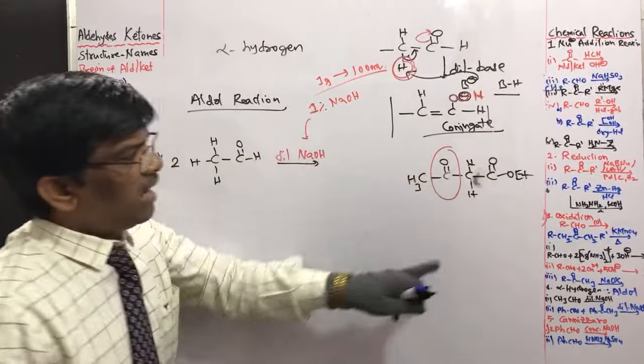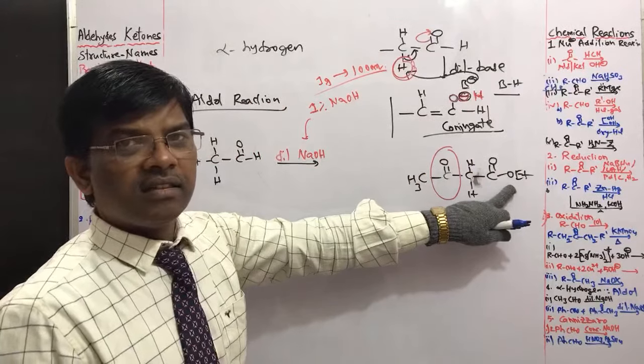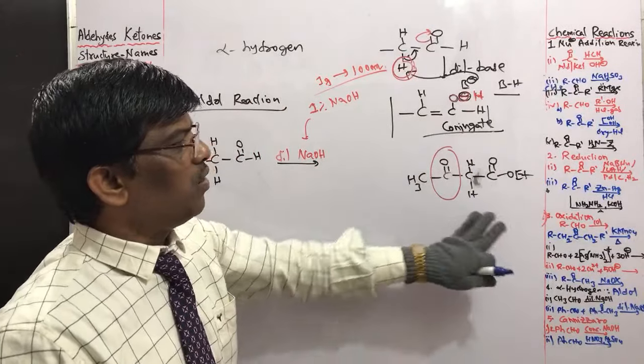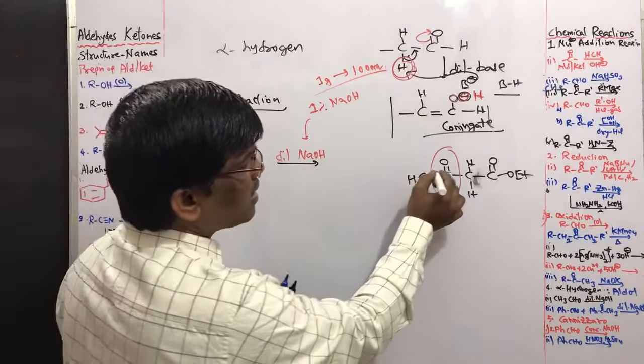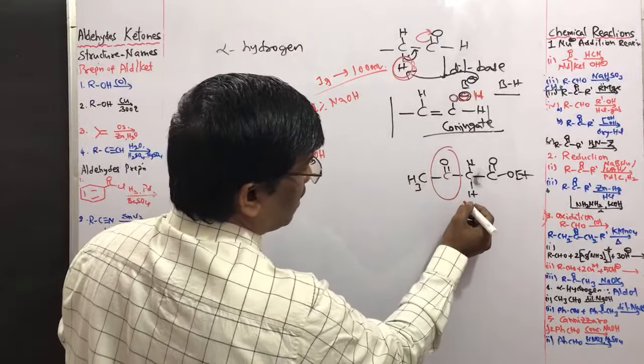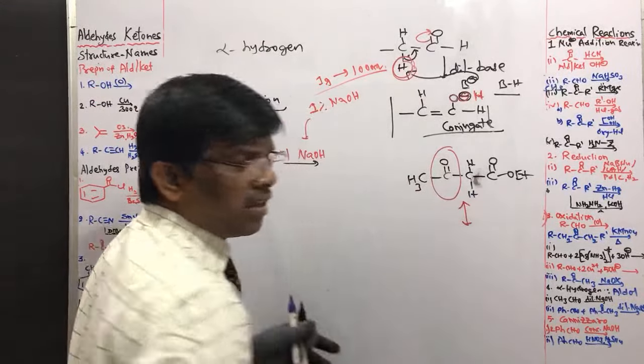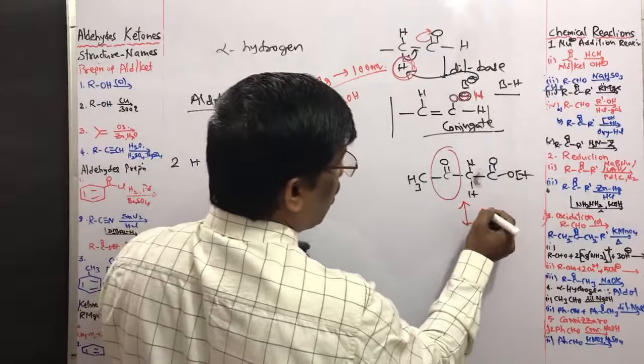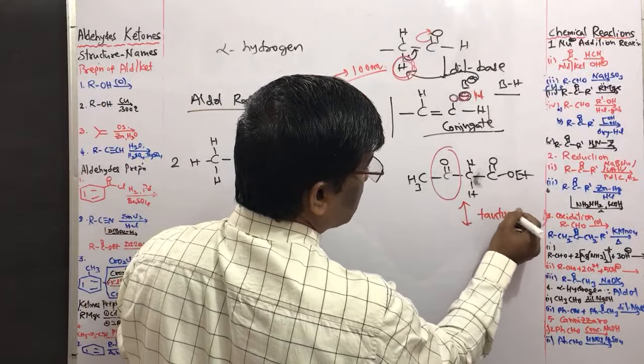So this is ethyl acetoacetate. Ethyl acetoacetate. This is ketone form, and it is always in a mixture of tautomers. This is tautomerism.